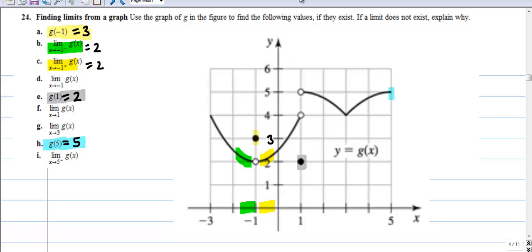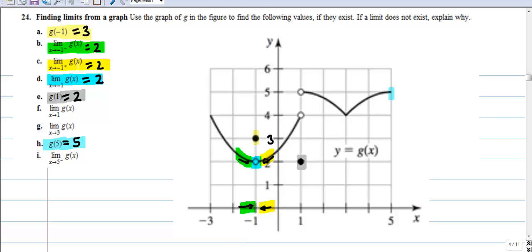Just because there's a hole there, I'm not worried about what g of -1 equals. I'm worried about what happens as I get close. And as I get close on the left and the right of that number, they both approach 2.